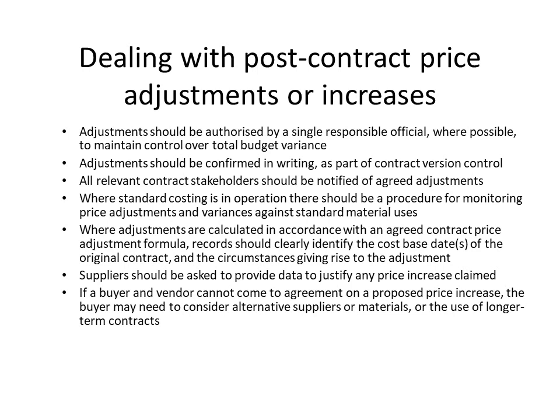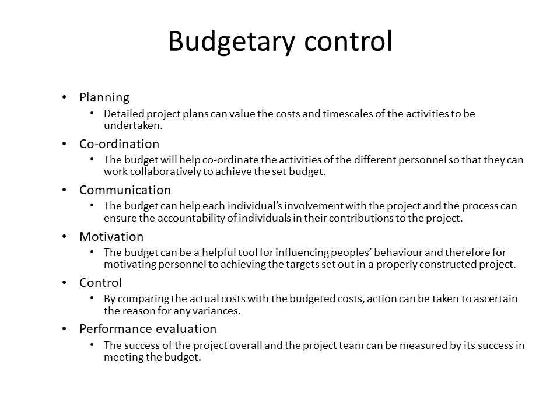And where they're calculated in accordance with a contract price adjustment formula, records should clearly indicate the cost base dates of the original contract and the circumstances that have given rise to the adjustment, and the changes in the index numbers or indexes that you are linking to. Suppliers should be asked to provide data to justify price increases, and if they can't come to agreement, the buyer may need to consider alternative suppliers. So fairly straightforward methods then of dealing with price adjustments or increases.